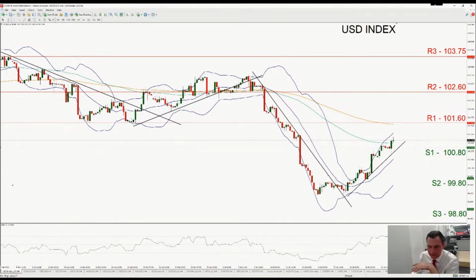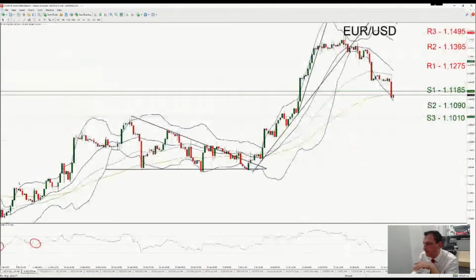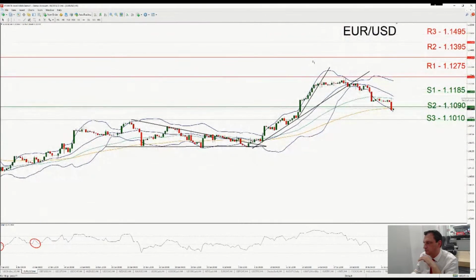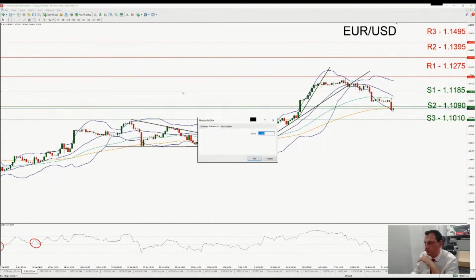Okay, let's have a look at Euro USD. We should have a reverse picture here. And here it is. Definitely these two have to be turned into resistance lines.